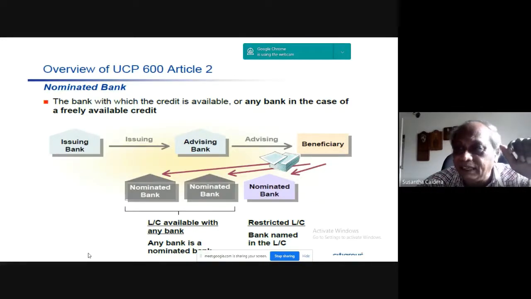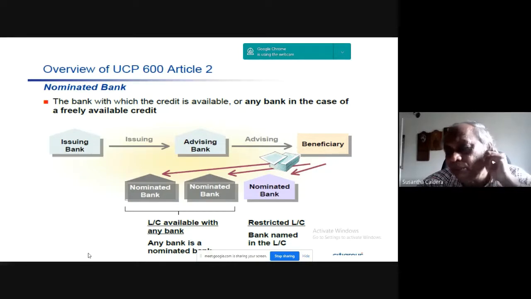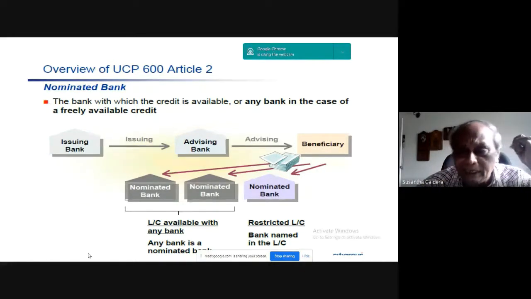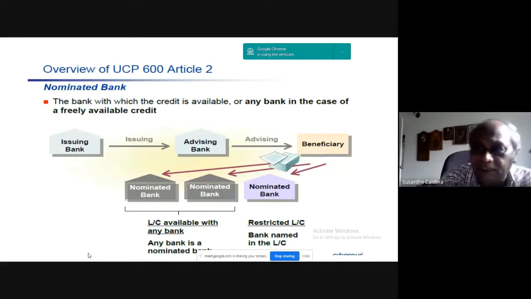In a scenario like that, the beneficiary has to give the documents to Sampath Bank, because Sampath Bank has been the nominated bank. If it is available with any bank, then the beneficiary, the exporter, say Haycarb is the customer, they are exporters.